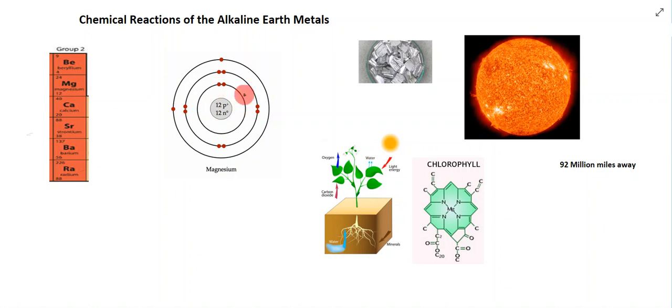Then outside here in the shells or orbitals, we have the smaller particles known as the electrons, and if we remember, they carry a negative charge. Now remember, in a neutral atom, if you have 12 protons, for example in the case of magnesium, you also have 12 electrons, and the 12 electrons are spread out in these shells. The first shell, the one that's closest to the nucleus, can contain 2 electrons.